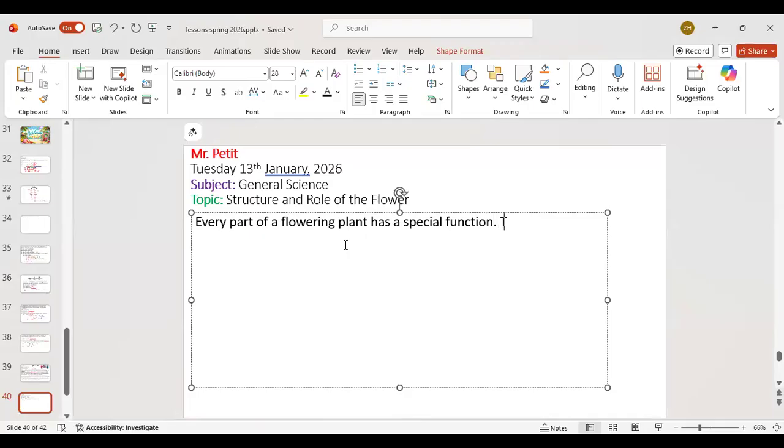The flower is the part of the plant that is responsible for reproduction. Can you hear me? You're writing this down.